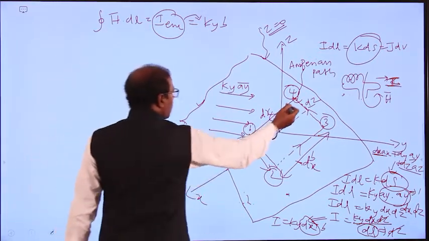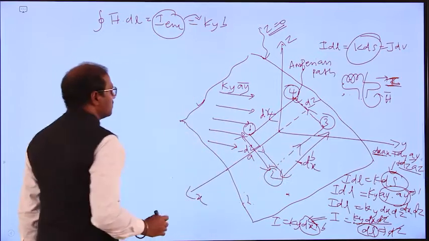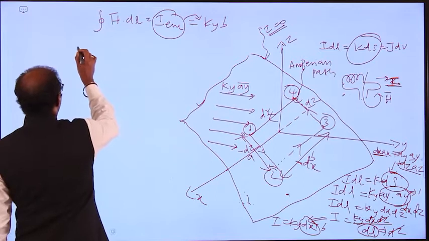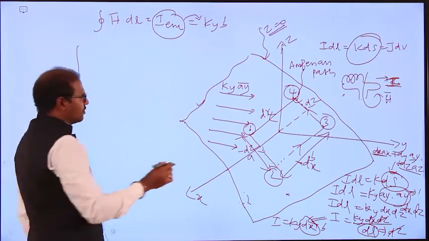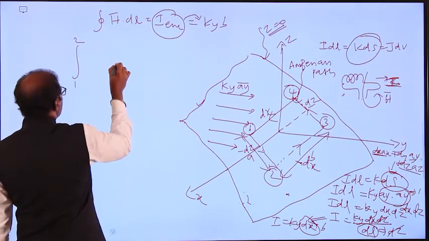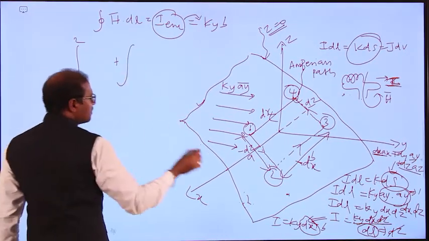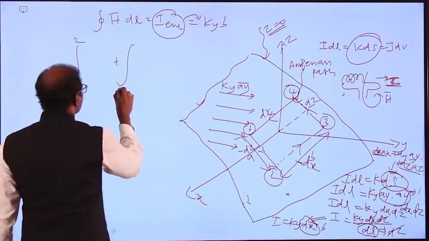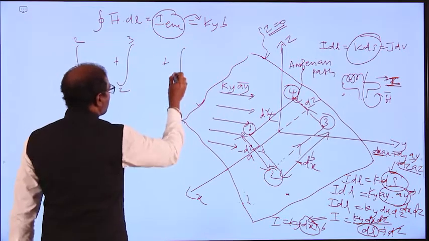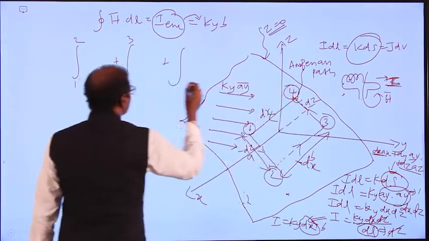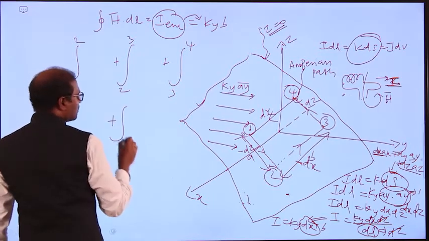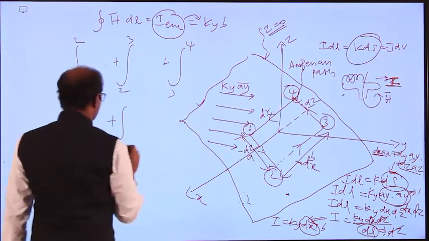So we are going to take this path now. The path will be from 1 to 2, plus path 2 to 3, plus path 3 to 4, plus path 4 to 1.